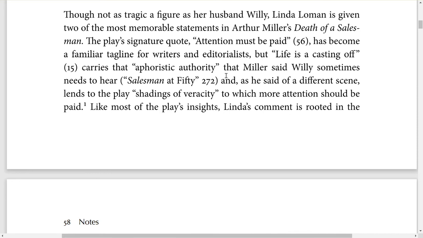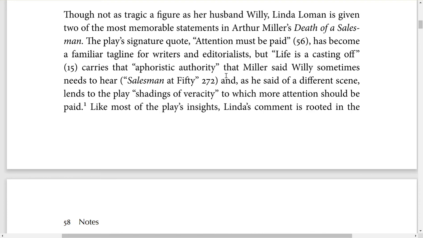So what the writer here is doing is saying that Linda Loman, although not as tragic a figure as her husband, has these two very important quotations in the text.